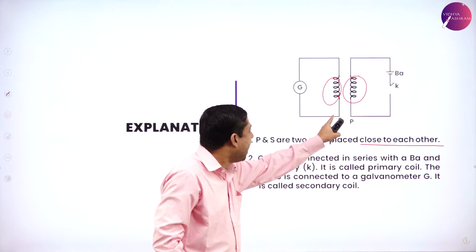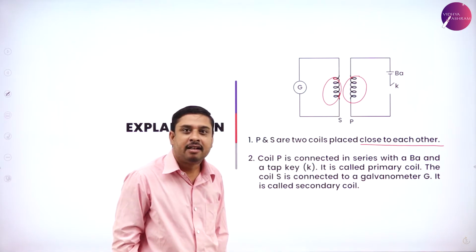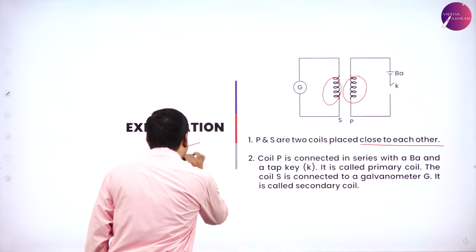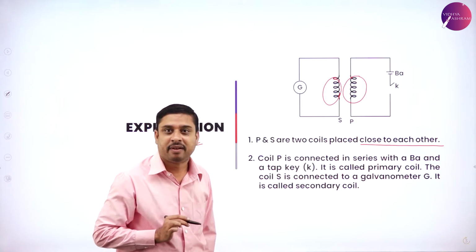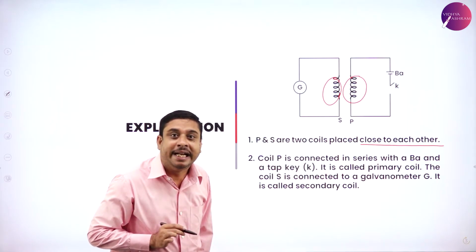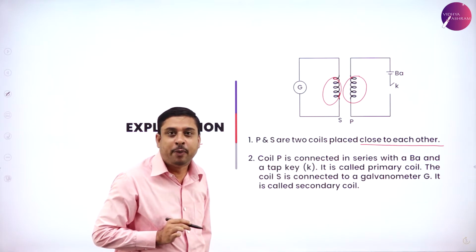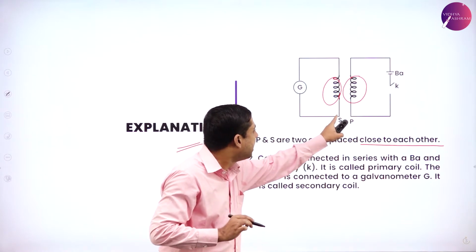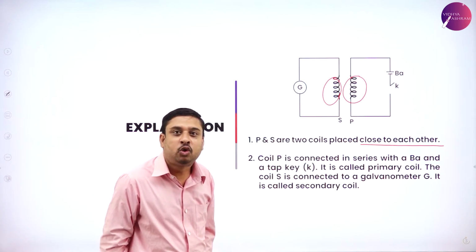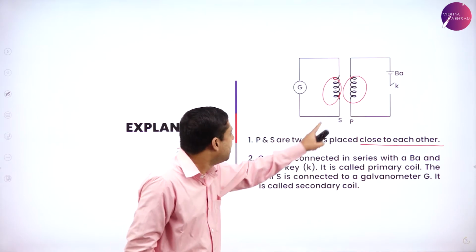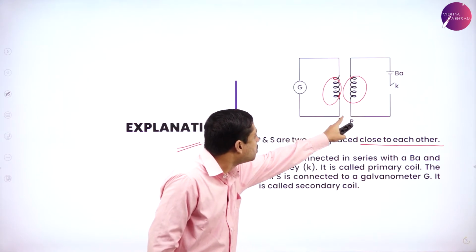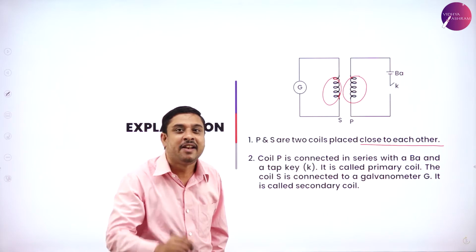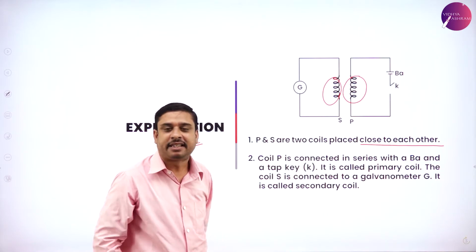P and S are two coils. We need two coils because I need mutual induction to happen. I need to induce EMF between a pair of coils. So P and S are two coils placed close to each other, but again not in physical contact.